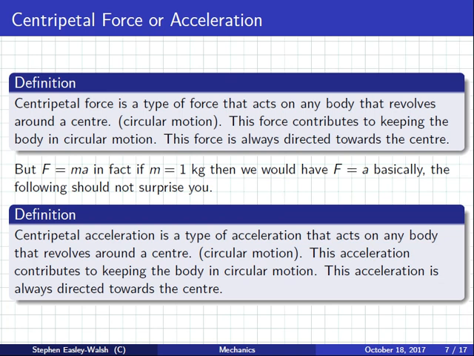You could say centripetal acceleration equals centripetal force over mass. If you don't want to write all of this down, you could just simply say centripetal force equals centripetal acceleration multiply mass.